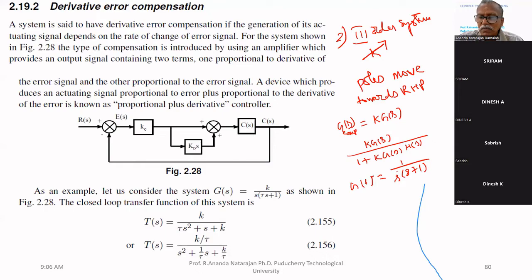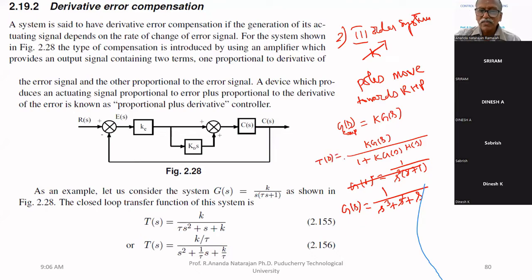Let us assume G of S equals 1 upon S cube plus S square plus S. In that case, if you replace G of S by this, what will you get?